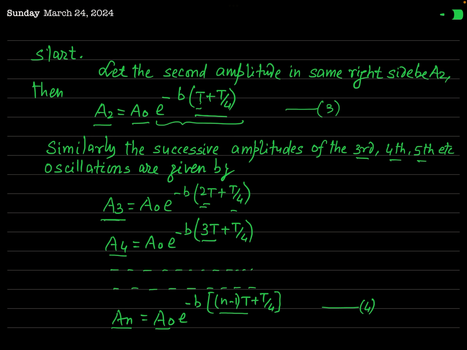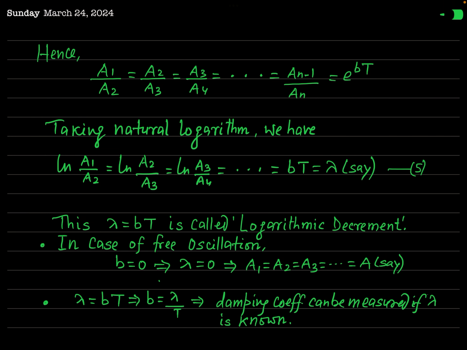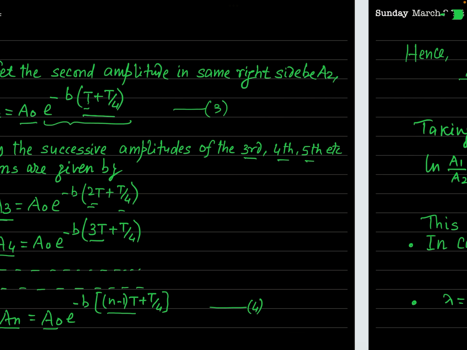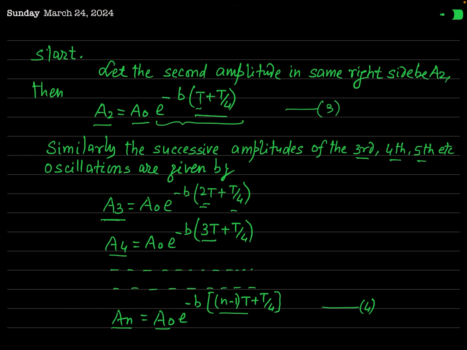Okay. Now let us find the ratio of the successive amplitudes. You can see when we obtain the ratio of A1 and A2, what will be our result? A1 is A naught e to the power minus Bt by 4. And what is A2? You can see it here.